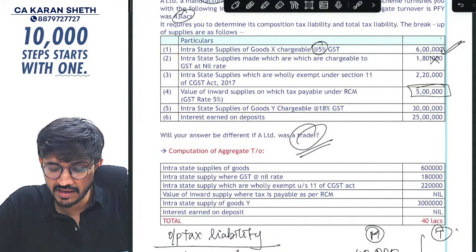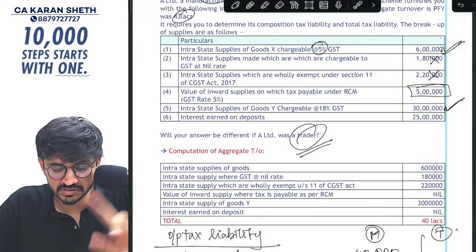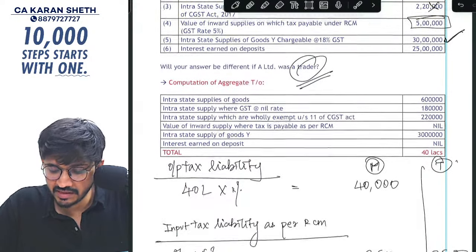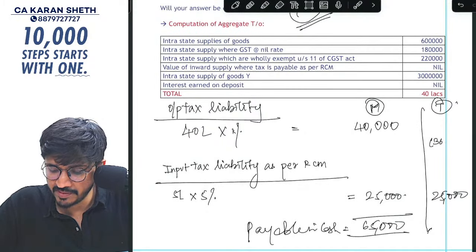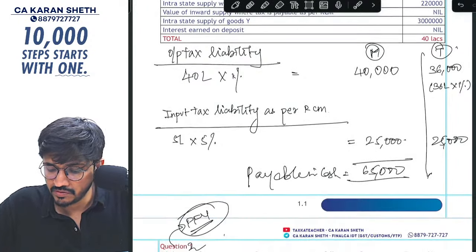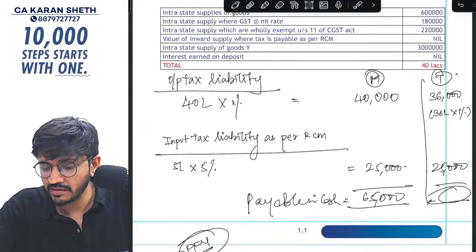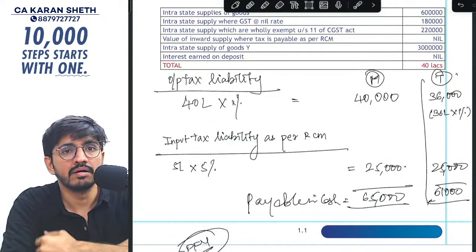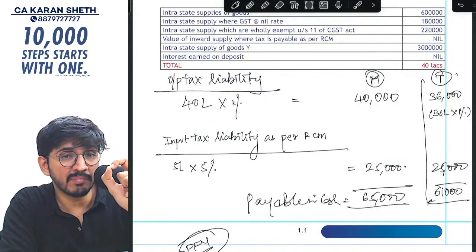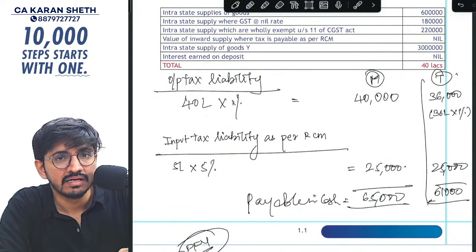Nil rated नहीं आएगा, exempted नहीं आएगा. 30 lakhs आ जाएगा because it's taxable. So 36 lakhs would actually come in, right? So 36 lakhs multiplied by 1% is 36,000. So total मार लो, whatever is 50 and 61,000. Okay, and it will be entirely payable in cash because in composition scheme you never take ITC, right?